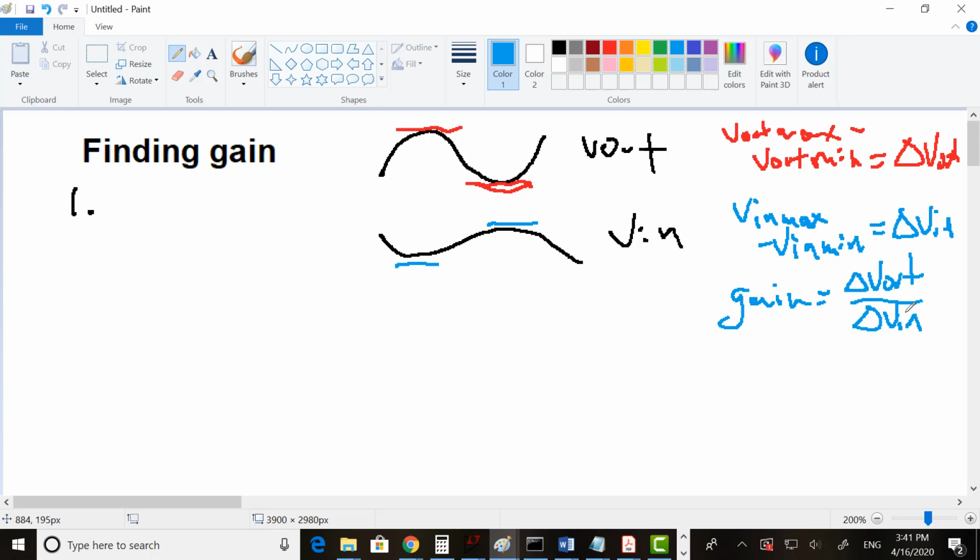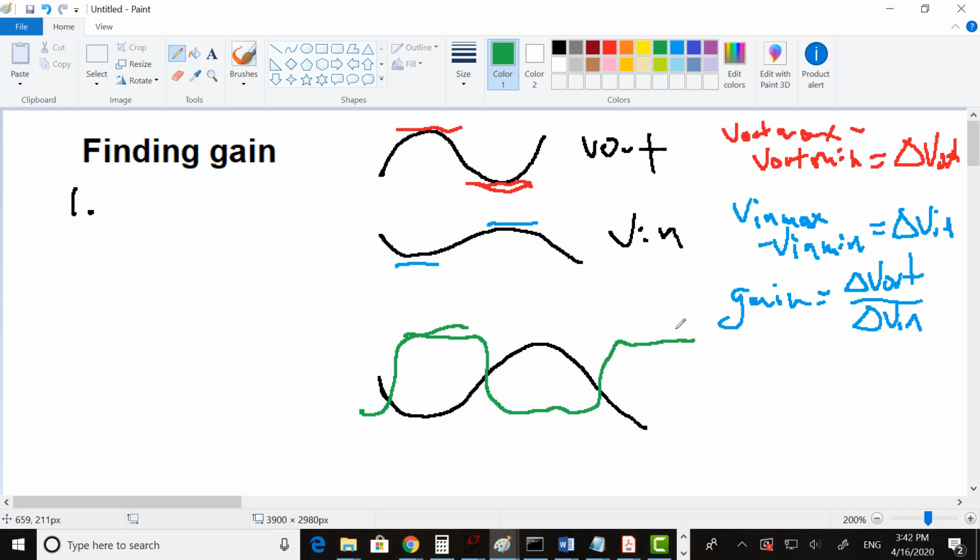From the graphs I've been seeing, that is probably not the way you want to go. For some of you, if you had a pretty good sized V in that you amplified, for your V out, you may have gotten something that looks like this, flat, like that.